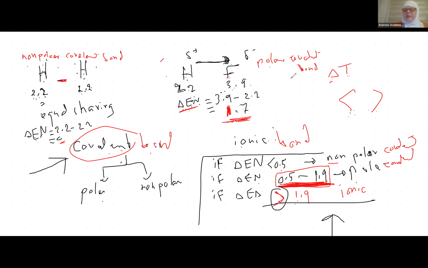In comparison it's very easy, but here it's small. It's greater than 1.9. This means that the value here is bigger than the value here.